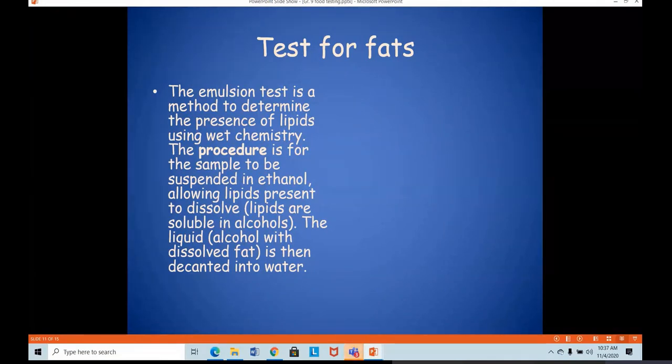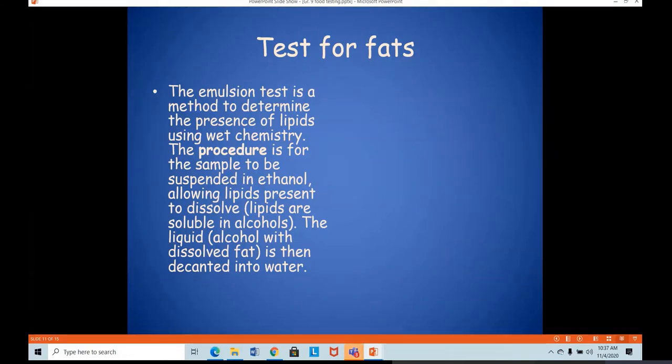Can we say it is a kind of an alcohol? Yes, it is a kind of an alcohol. Ethanol is used in order to test for the fats. That is why we say it is using wet chemistry.